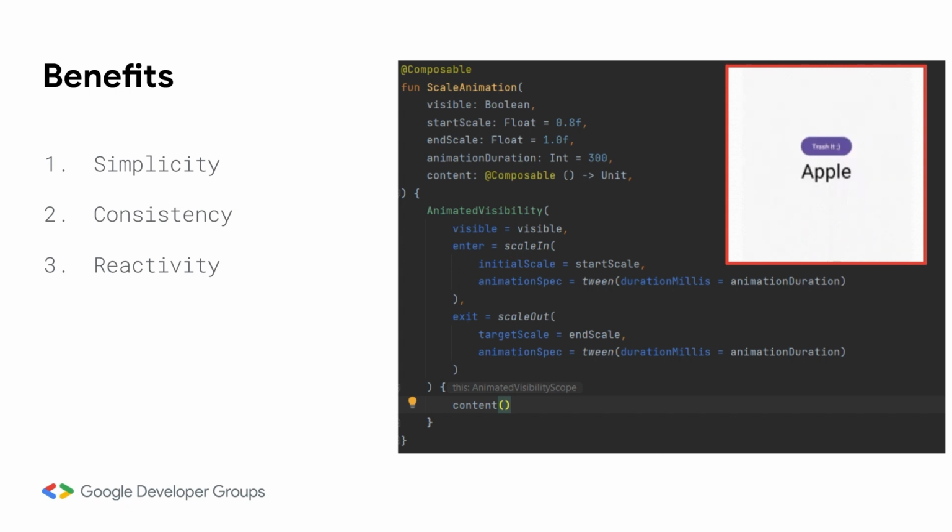Consistency is another thing: animations are going to be consistent across different devices and screen sizes. And finally, when it comes to reactivity, animations are automatically going to respond to changes in state when using AnimatedVisibility, as you can see with the state variable that we used. So yeah, that's about it.